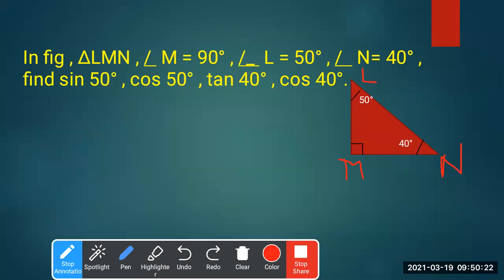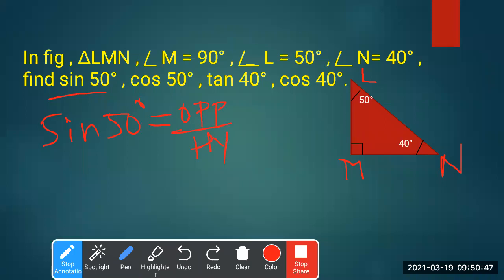So let us see the first one, sine 50 degree. You simply have to write the definition, that is opposite upon hypotenuse.